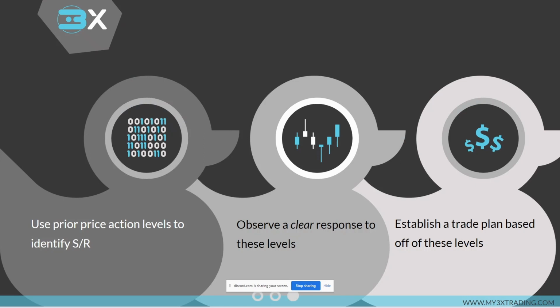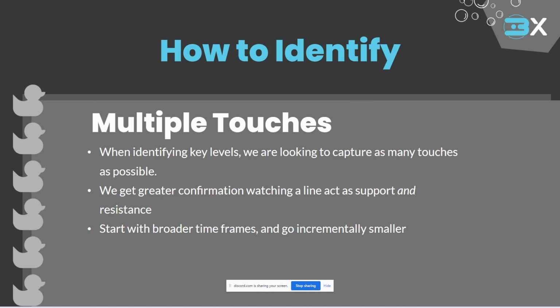So using prior price action at certain levels lets you identify support and resistance. As you have these key levels charted, you can observe clear responses to these levels, and you can establish a trade plan based off of this. When we're identifying these support and resistance levels, we're looking for multiple touches.